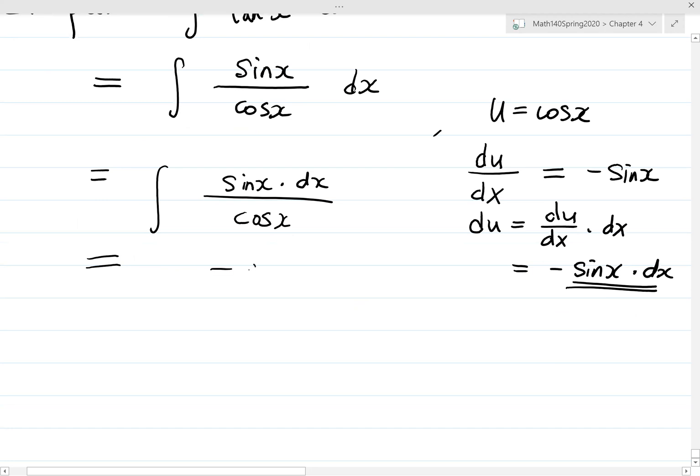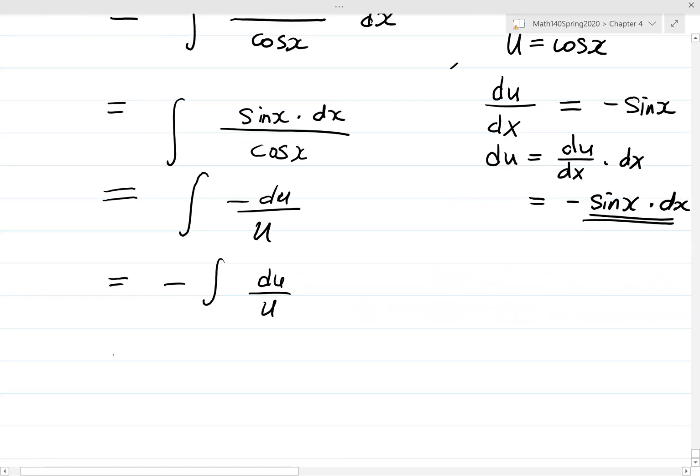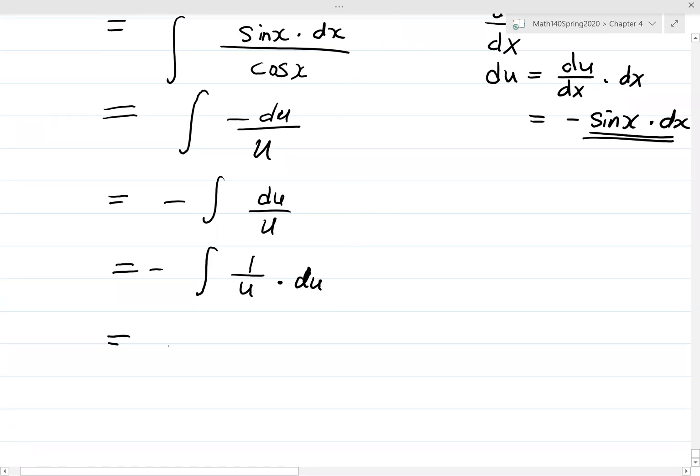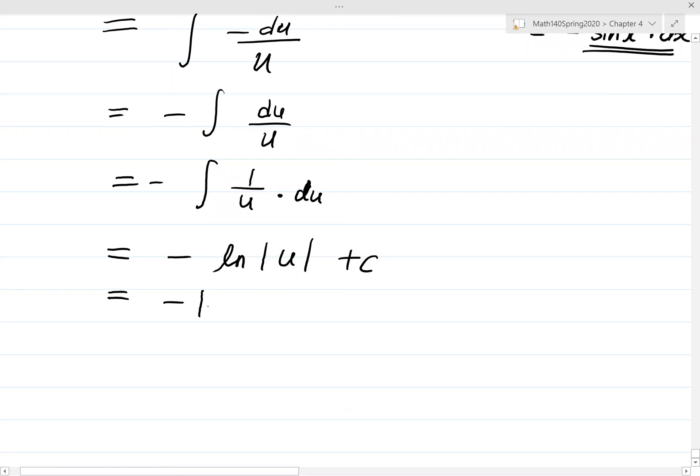This will be negative du over cosine x, and we substitute cosine x by u. Now this is negative du over u. You can also write it as negative 1 over u times du. 1 over u, we already know its antiderivative: it's negative ln absolute value of u plus constant C. So this is negative ln of cosine x.